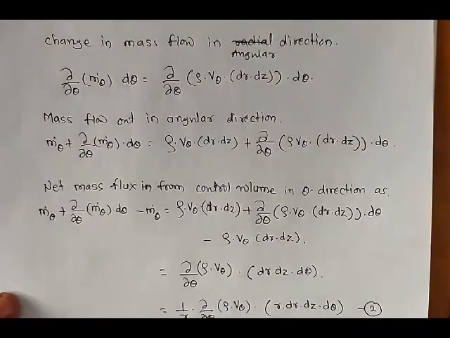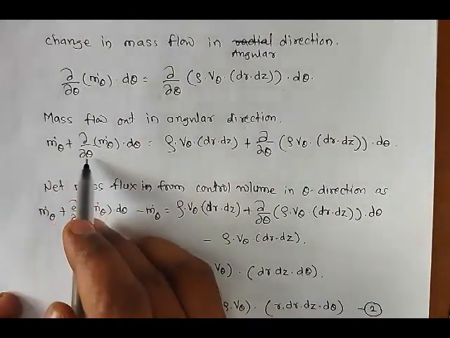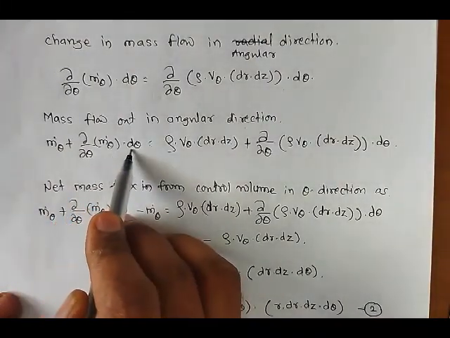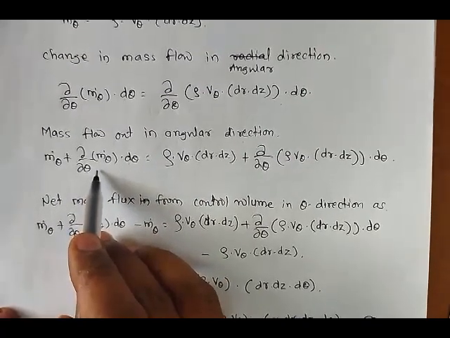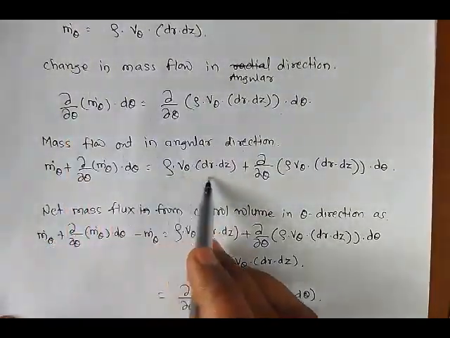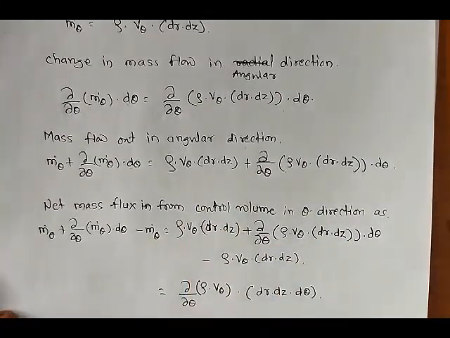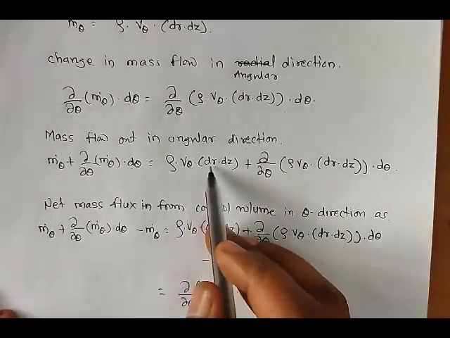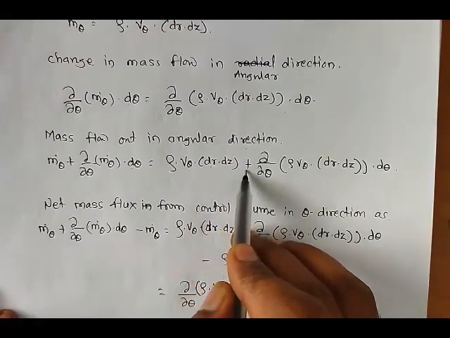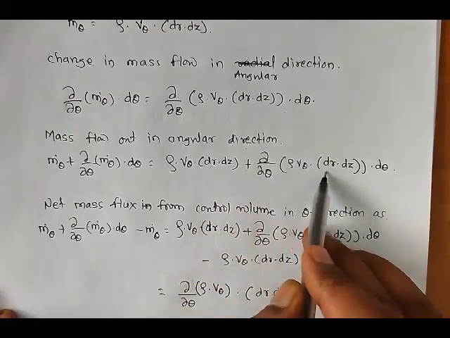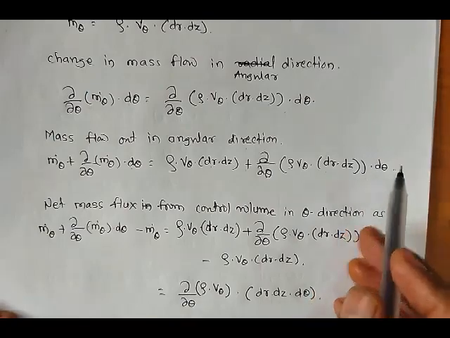Again we have substituted the value of m dot theta. Okay. So we have mass flow out in the angular direction: rho v theta dr dz plus ∂/∂theta of rho v theta dr dz multiplied with d theta.